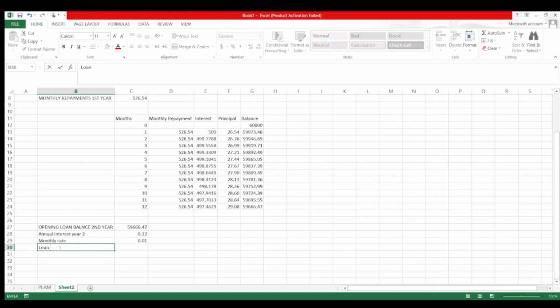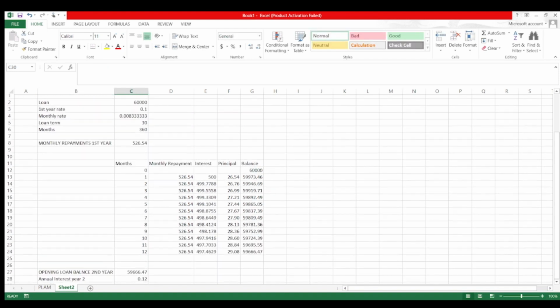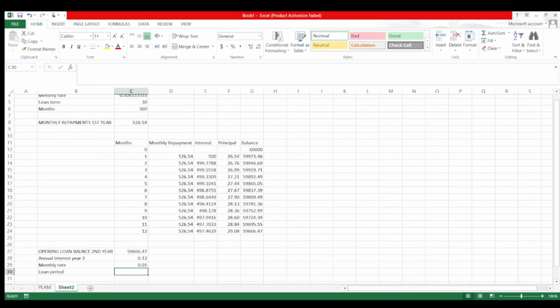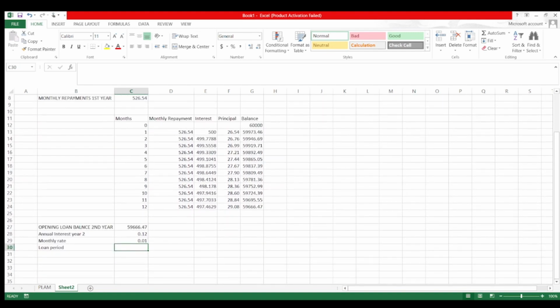The loan period, you need to know that we've already taken 12 months from the earlier loan period, which was 360.